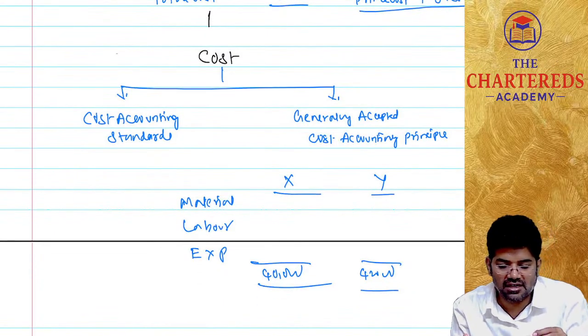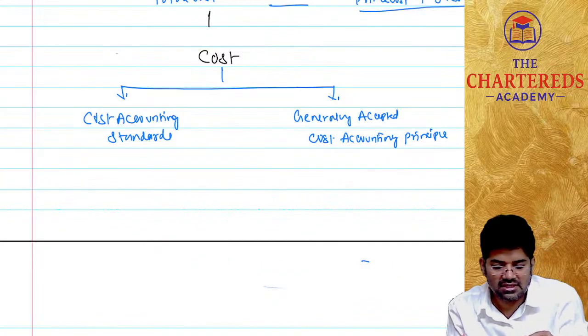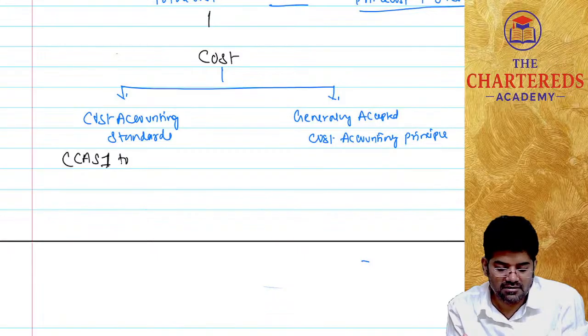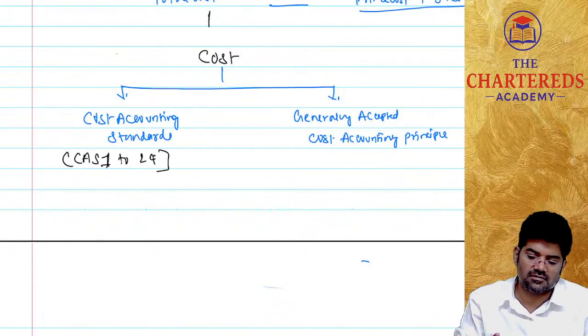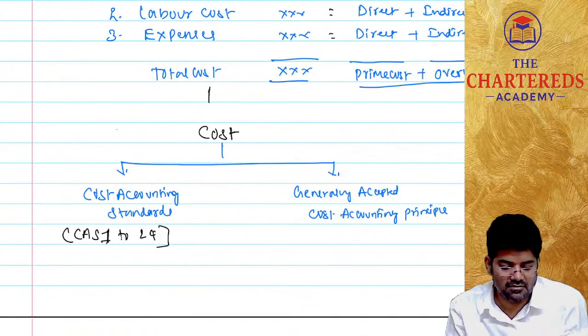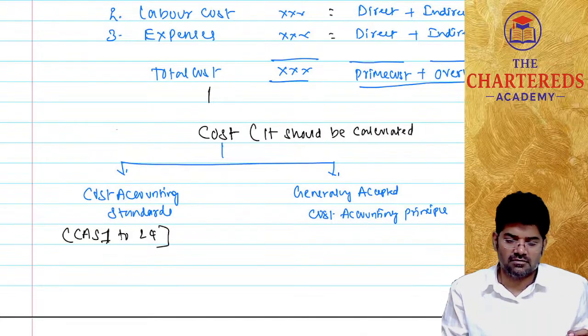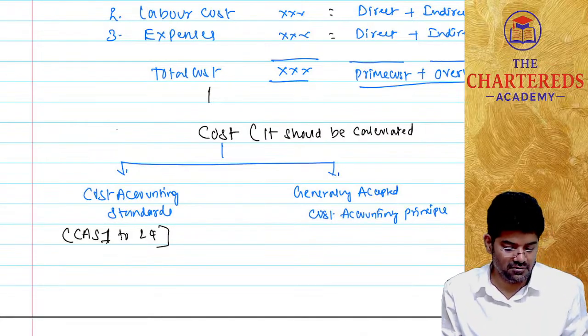Now in CMA Inter, what they have done is they have given all the standards right from class 1 to 24. The bracket you can write, it should be calculated, using or applying is the word you can take.